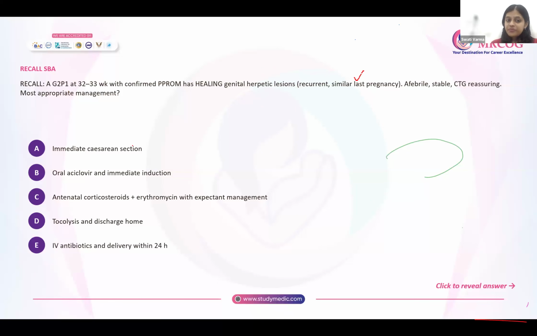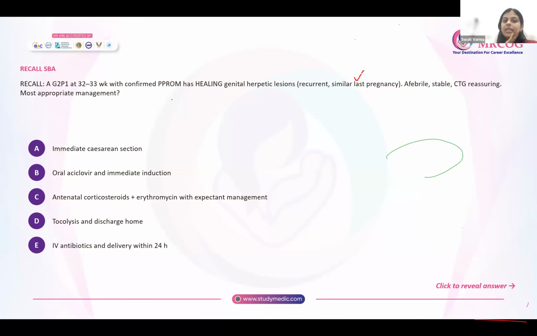Now here, she has PPROM at 32 to 33 weeks with recurrent genital herpetic lesions that are resolving. Since she is less than 34 weeks, we can opt for conservative management. Immediate CS, of course, is not required.